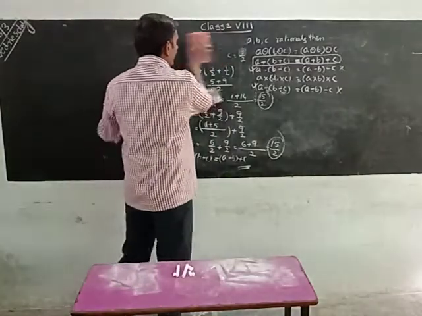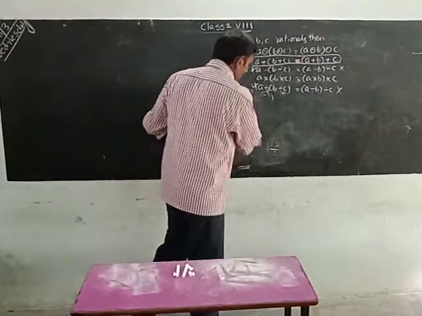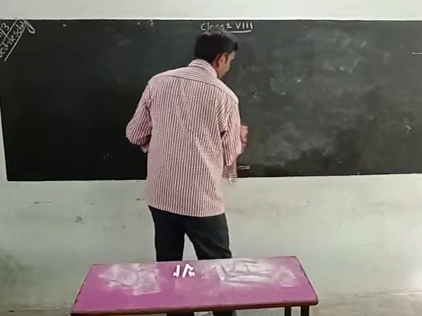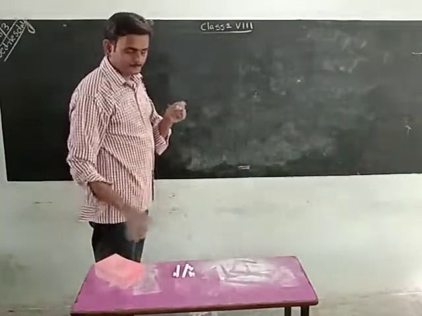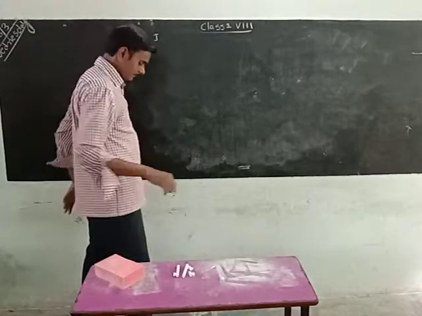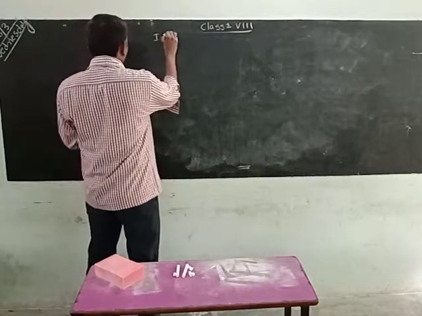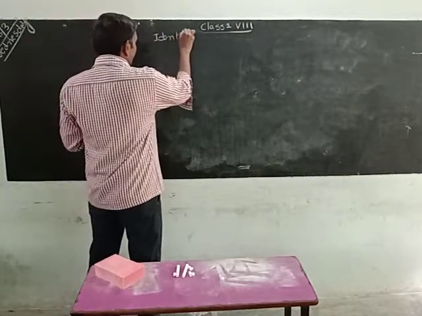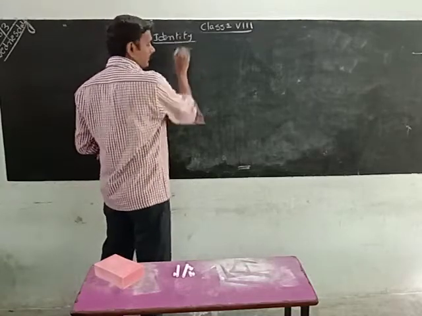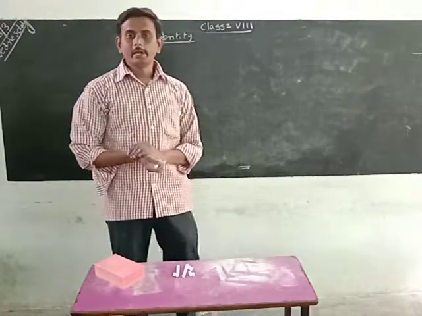Next, go for the fourth property, identity. Identity element, identity property. Here we have two types of identities. One is additive identity.